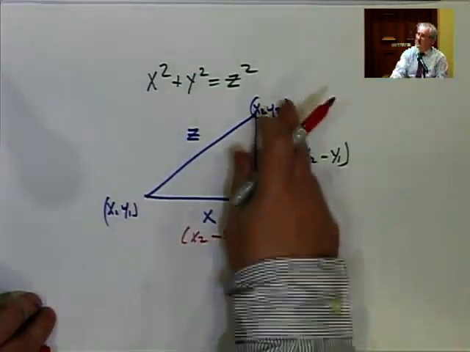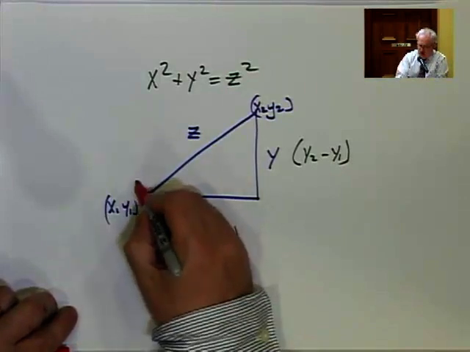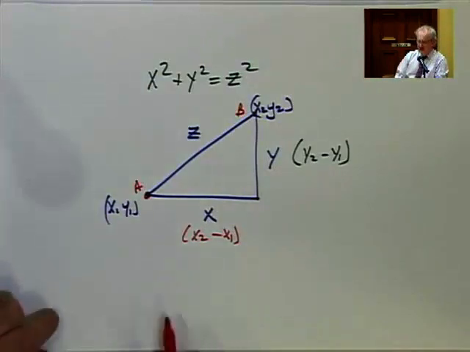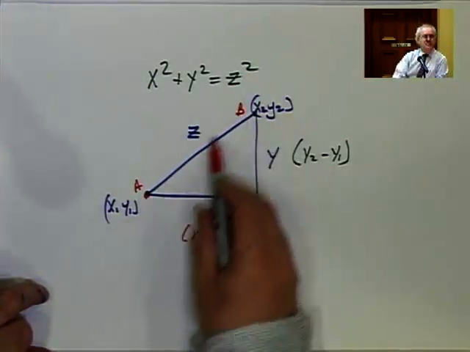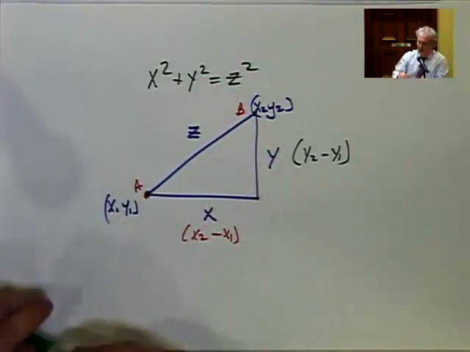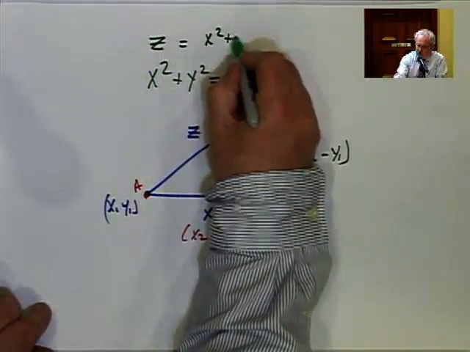We take the values. And what's the distance between point A and point B? Well, the distance is z, isn't it? But z squared is x squared plus y squared.